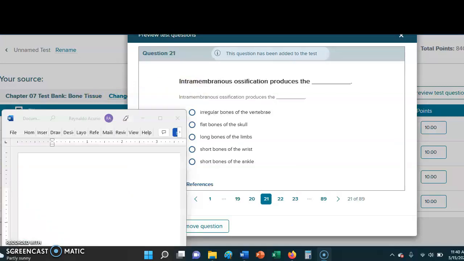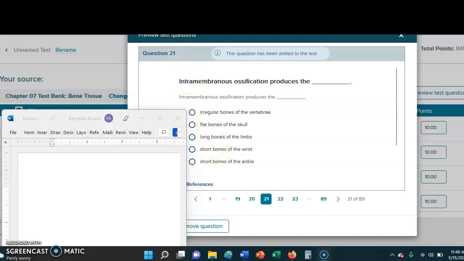Next question. Intramembranous ossification produces the... Okay, so let's stop the video for 5 seconds so you can think about your answer. Okay, and we have in here short bones, long bones, flat bones, irregular bones. Most of the bone ossification happens because of the presence of cartilage. So the answer in here should be straightforward.